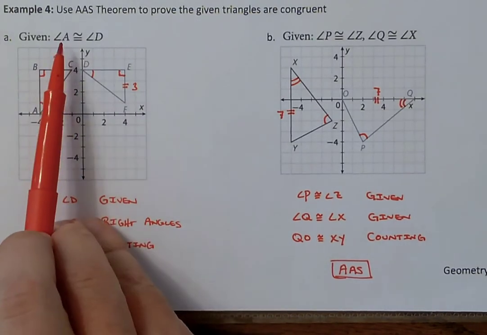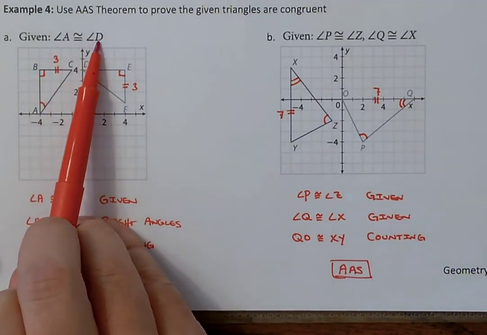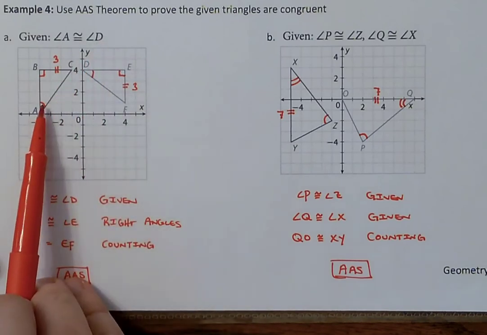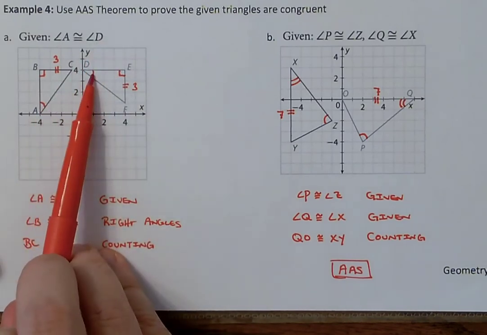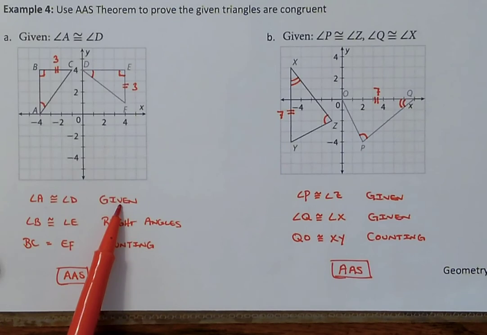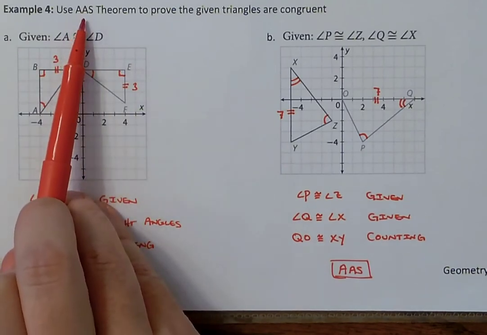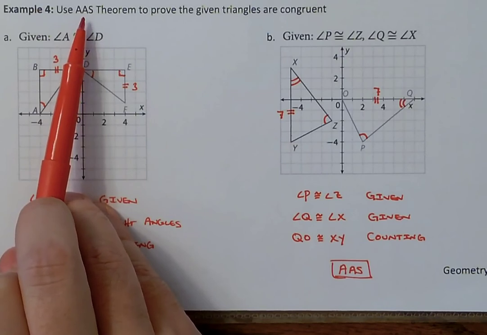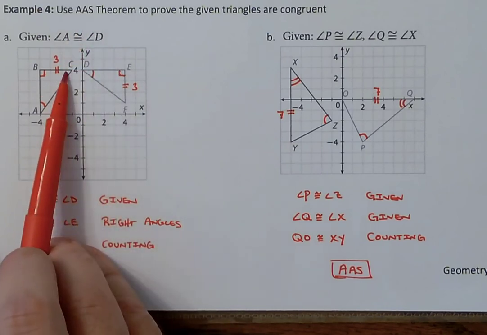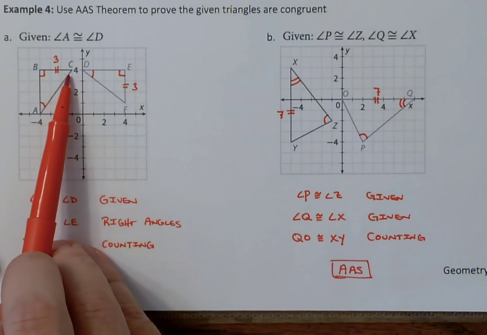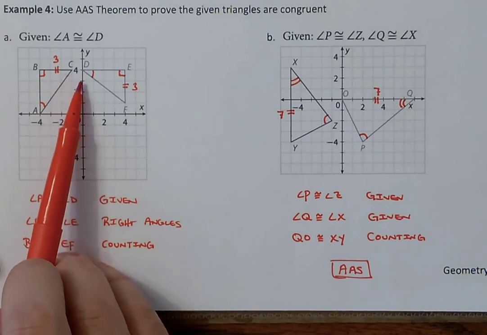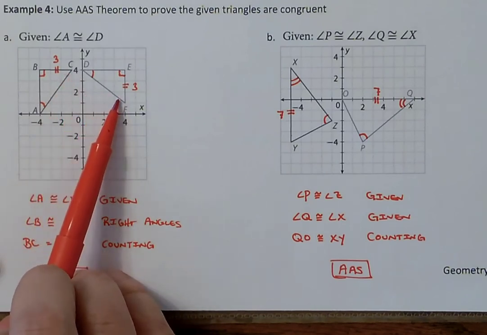Well, the first thing is they tell me that angle A is congruent to angle D. So that means I know A is congruent to D, and that's because that's given. Now, if I'm wanting to use angle, angle, side, I need to have another angle. Now, I could potentially find out what the measure of angle C is compared to F, but I don't know.